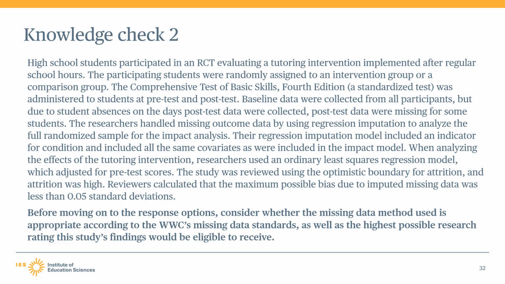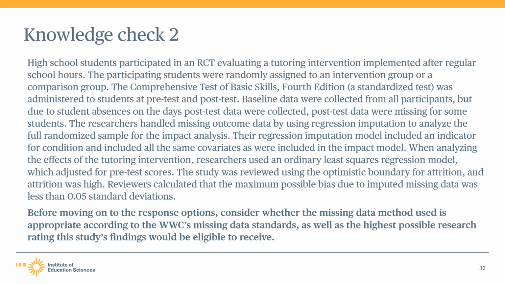Average pre-test scores differed between groups by 0.24 standard deviations. The researchers handled missing outcome data by using regression imputation to analyze the full randomized sample for the impact analysis. Their regression imputation model included an indicator for condition and included all the same covariates that were included in the impact model.